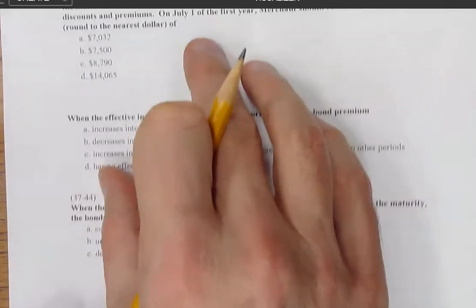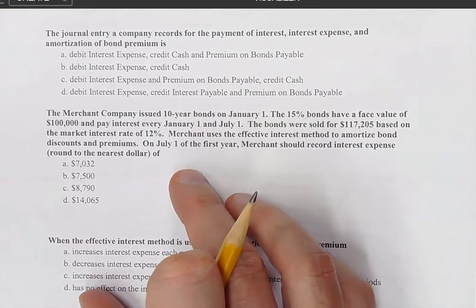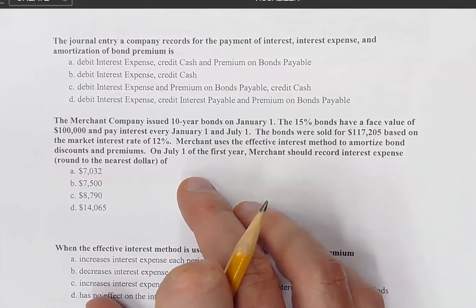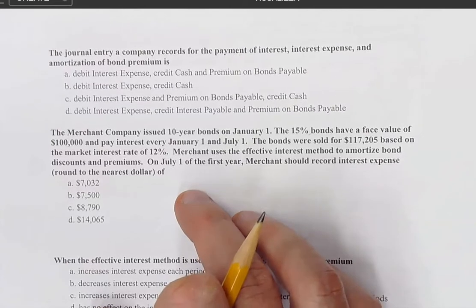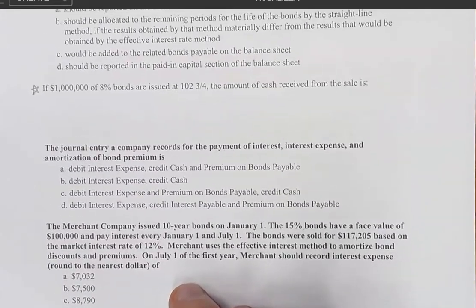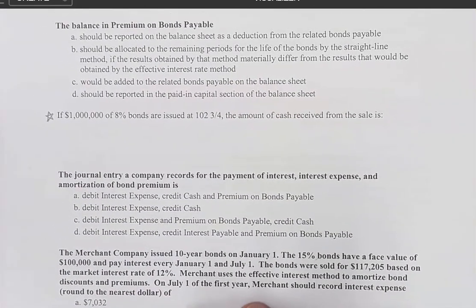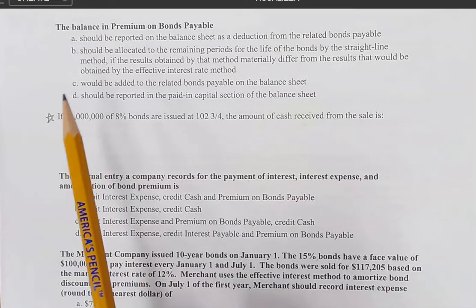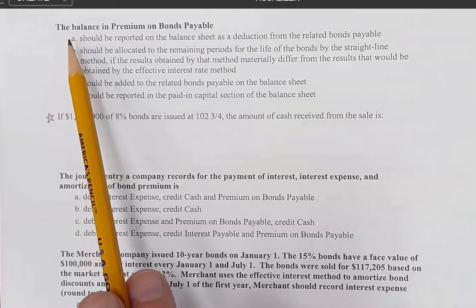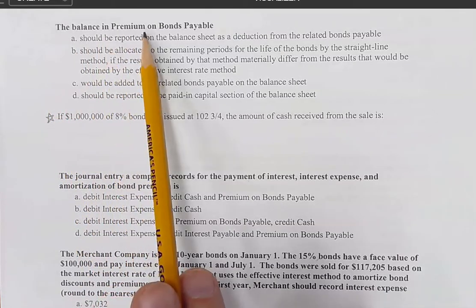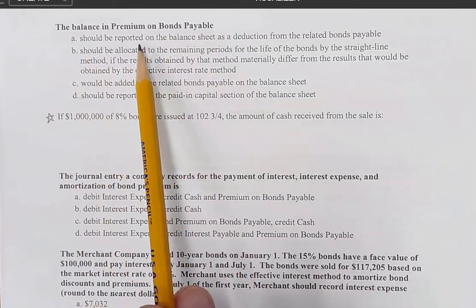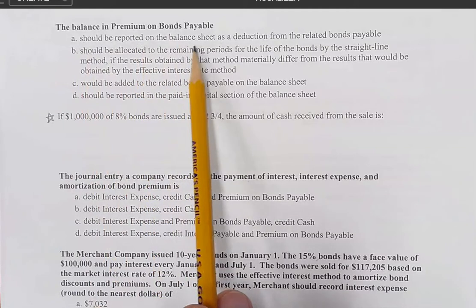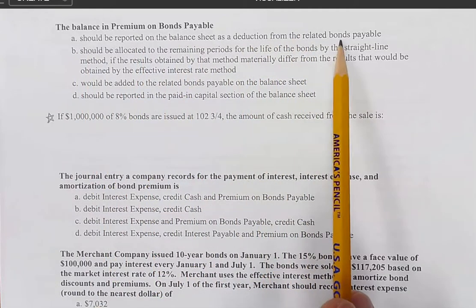All right, let's see what else we have going on here. Let's see, am I at the top of the page? I am not. Let's bring that down. All right. This is probably going to smell a lot like the last true-false question we had. It says the balance in premium on bonds payable, A, should be reported on the balance sheet as a deduction from the related bonds payable.